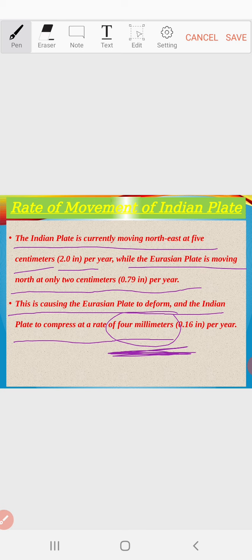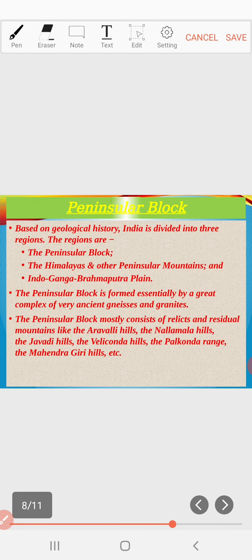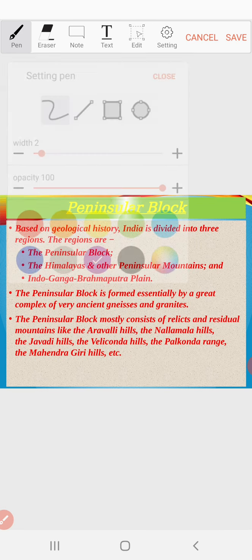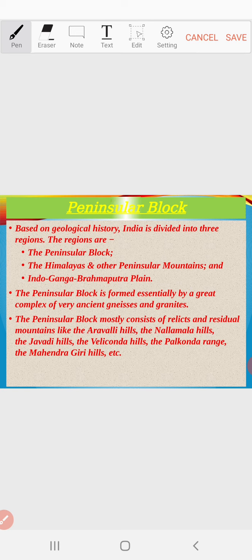Now, let us proceed to the features of the peninsular block. Before going to the features, the 3 geological divisions: number 1, the oldest one is the peninsular block, the young ones are the Himalayas and the peninsular mountains, and the recent one is the Indo-Ganga-Brahmaputra plain. Now, how is the peninsular block formed?